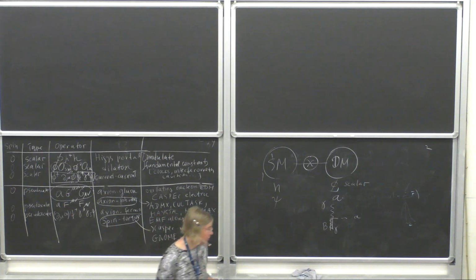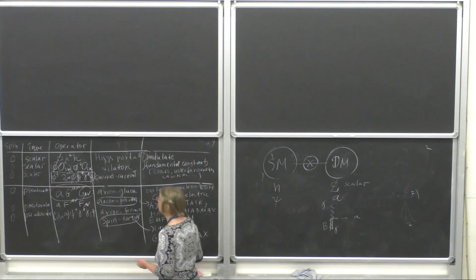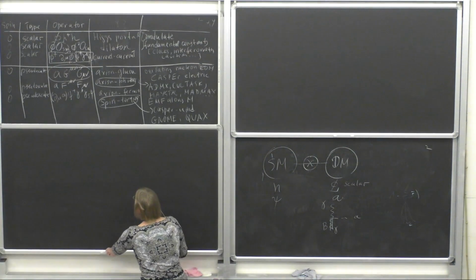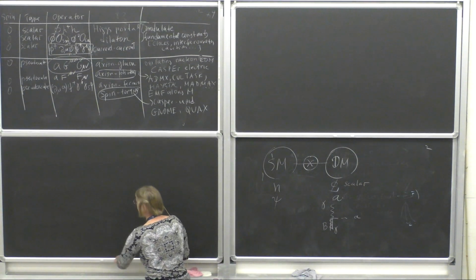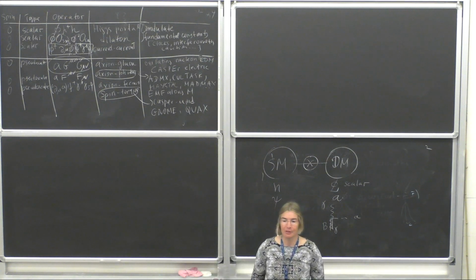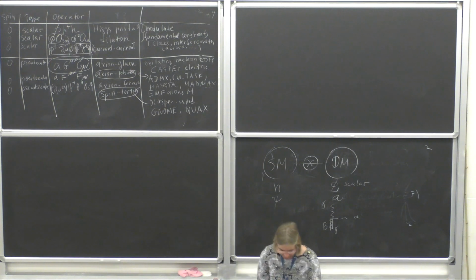Okay, so what's next? I think we're kind of out of space. So, vectors. What's the most famous dark matter vector? Well, the dark photon, sometimes called a hidden photon. There is some difference, but right now we don't care.